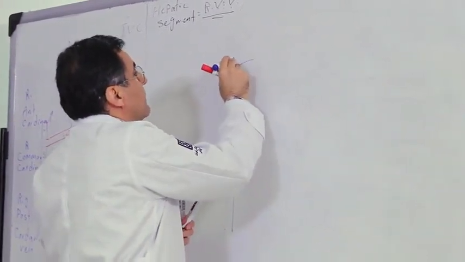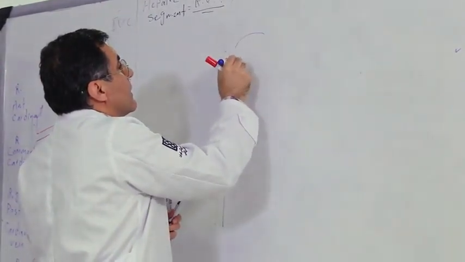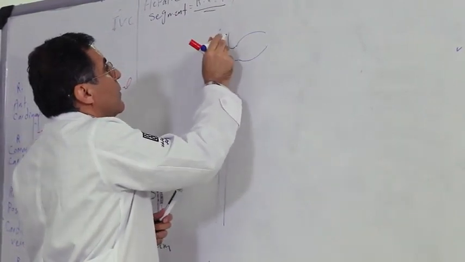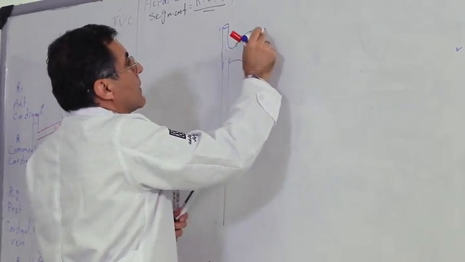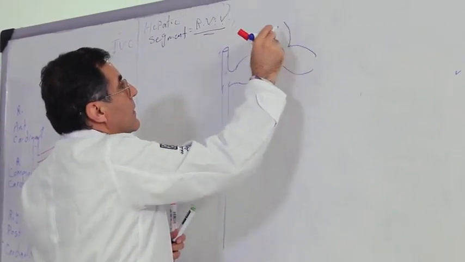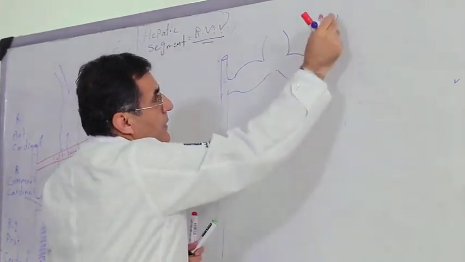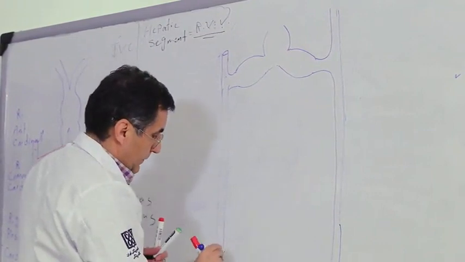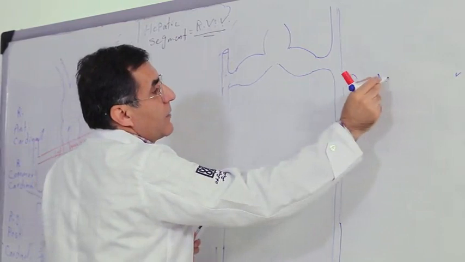This is the common cardinals, the anterior cardinal veins. This is the posterior cardinal veins, left and right.